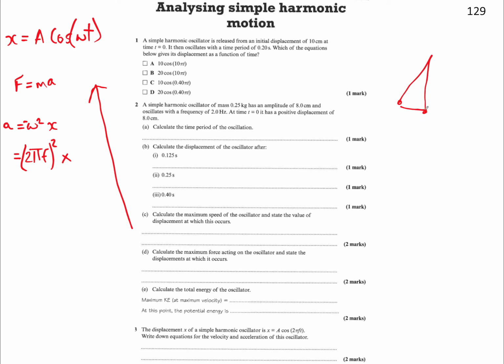And we've been told that the distance it goes to is 8 centimeters, so it goes 8 centimeters out. So we know that's going to be 0.08. And when I put in my various values, my value of f we said was 2. So 2 times 2, that's going to be 4 pi. All this needs to be squared times 0.08, which of course is going to give me 16 pi squared times 0.08, and that'll give me my acceleration, which I'll quickly work out now.